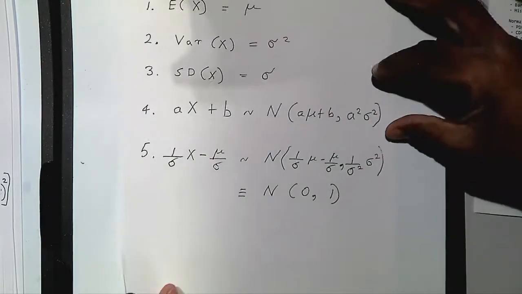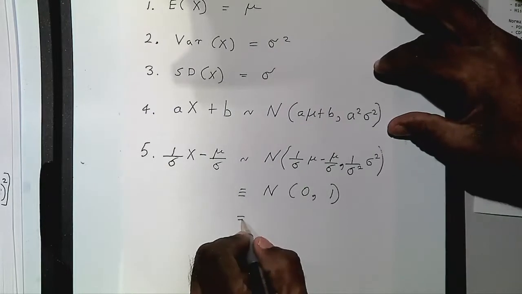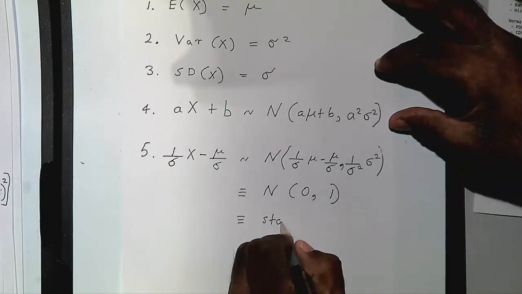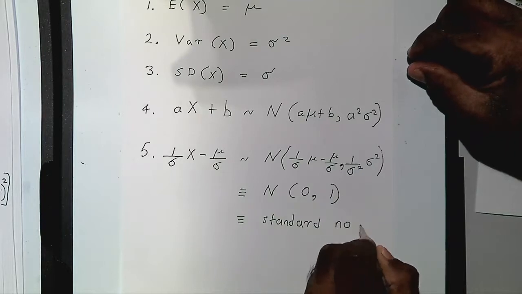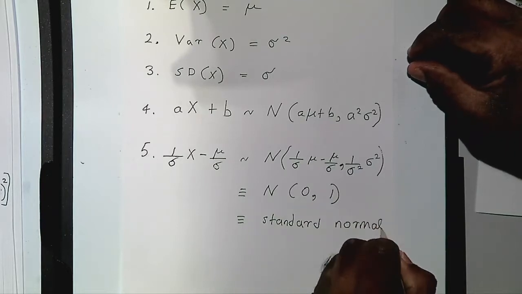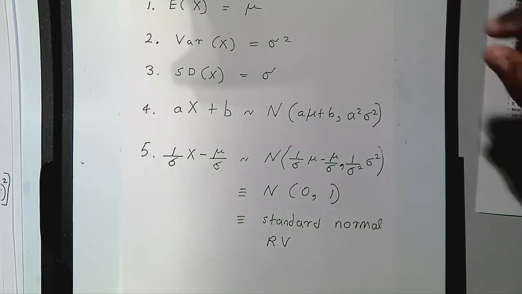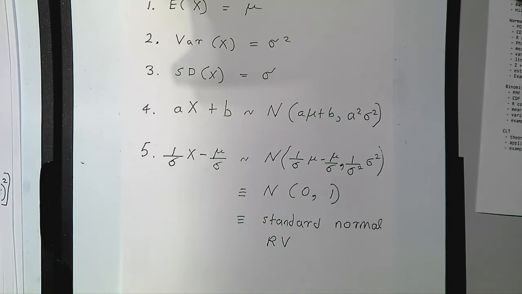And this is known as the standard normal random variable. I'm sure you heard about it before. All right, guys. Any questions so far?